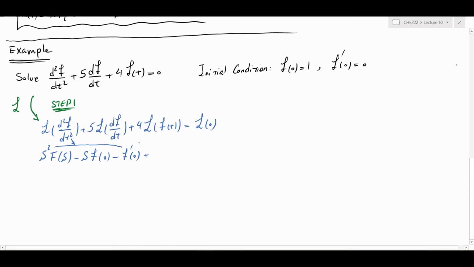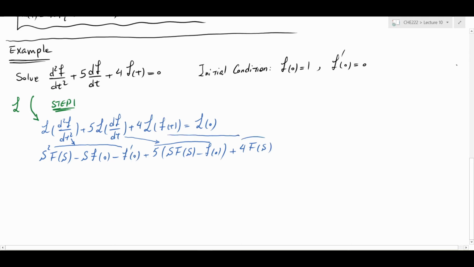Then we have 5 times the Laplace transform of the first derivative of the function, which is s capital F(s) minus the original function at time 0. So these are the second term, plus 4 times the Laplace transform of f(t), which is capital F(s).